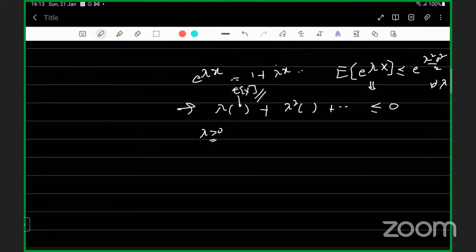You divided by lambda square, right? And then you set lambda to be 0.